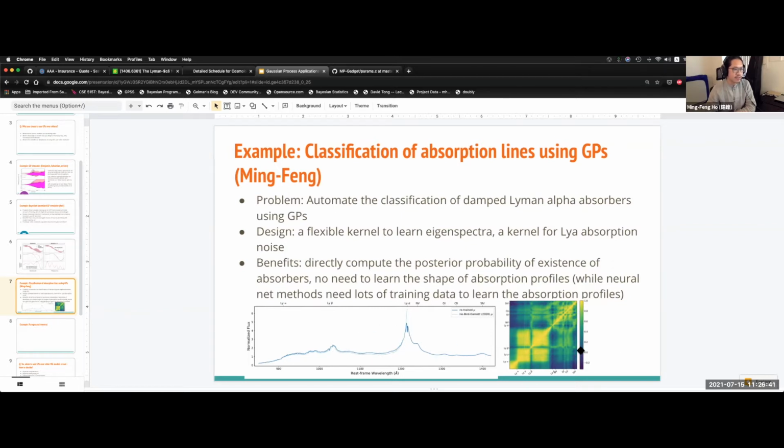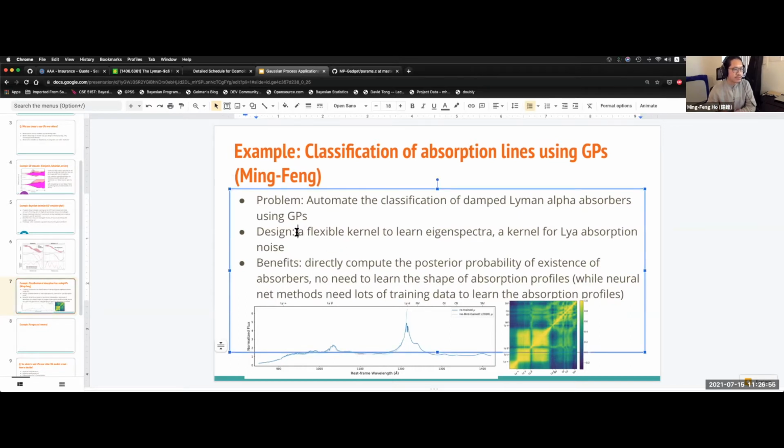and the covariance function that you learn from the data, which is a super flexible covariance kernel. We make some assumption on the decomposition of the covariance, so that you can decompose it into the eigenspectra of the quasar spectrum.